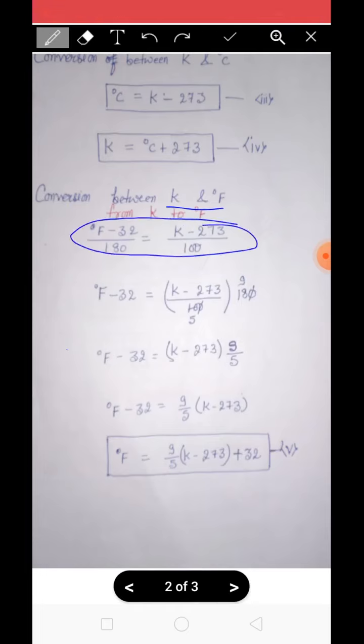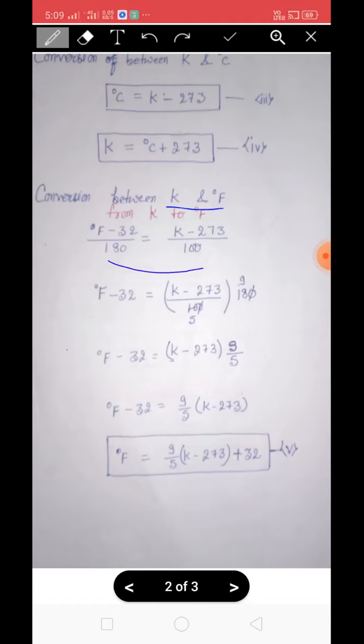This is the formula. Then we will send 180 to the second side. Understood? The 180 will be sent to this side. Obviously here it is in divided condition, so here it will convert into multiply condition.